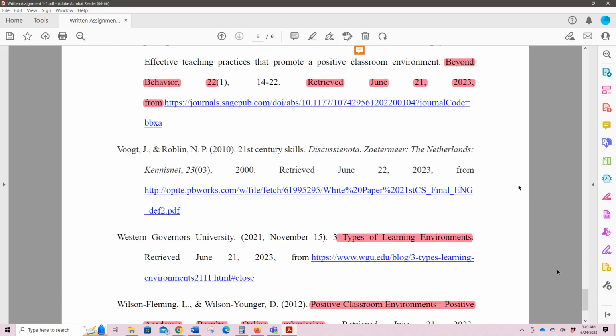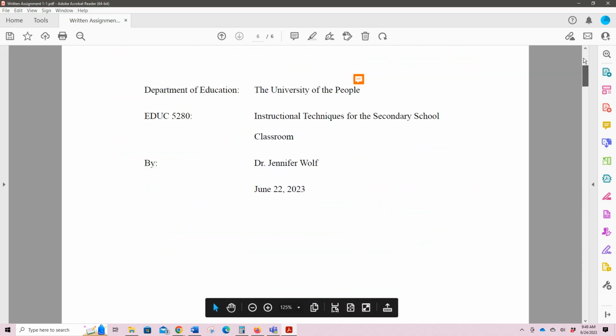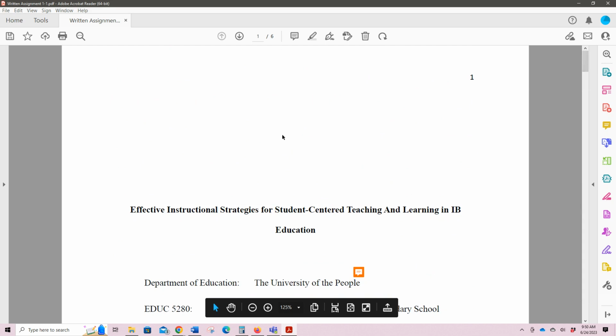So overall, this is a very good paper. It's well written. The formatting, there are just some unique APA styles. And I know everything pretty much because I teach and I look up and I've written papers, so I know a lot of stuff.